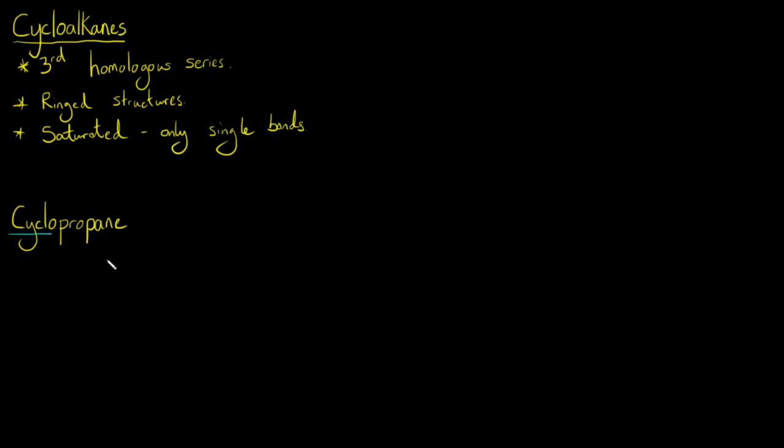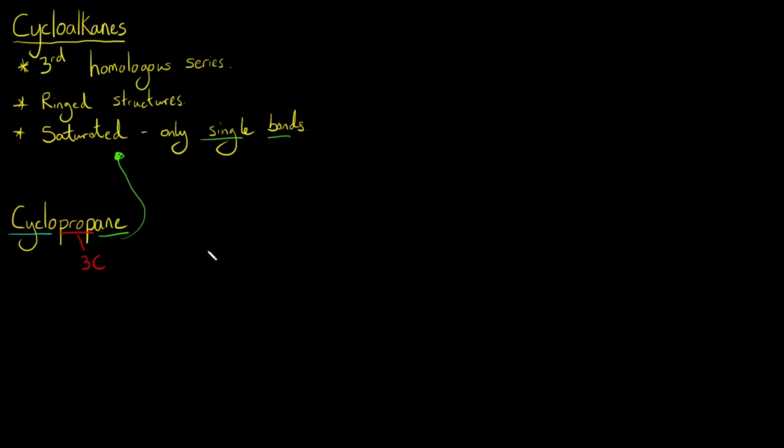All these carbons are going to have to be joined in a ring. We need to know how many carbons we're working with, and that's what the prop means. As we know, that is the prefix for 3 carbons. And then the last part of the name also gives us some information. It tells us that we have a saturated molecule, something that only contains single bonds.